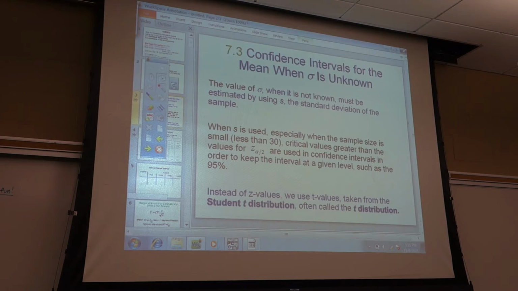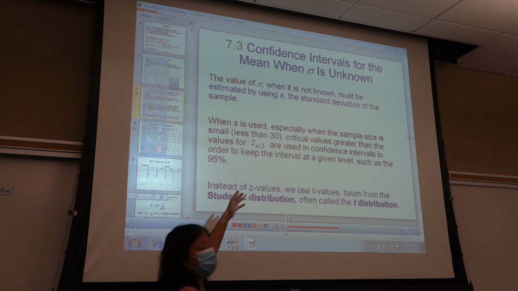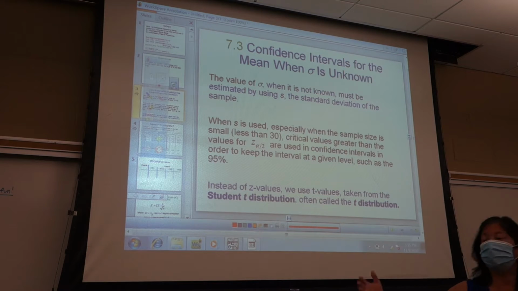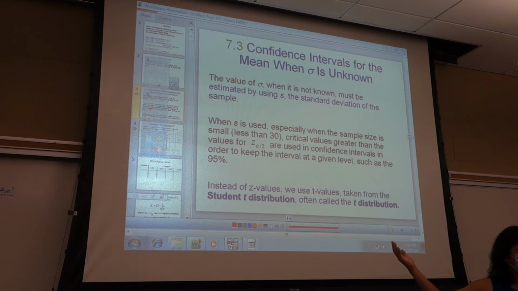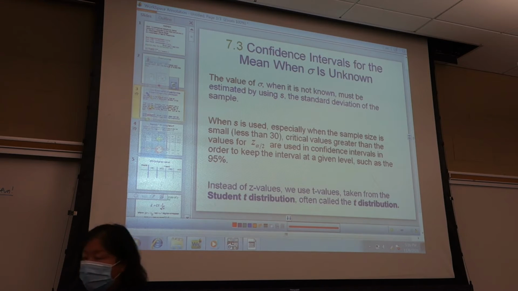All right. So the last one we did last class, 7.3, is confidence intervals when sigma is unknown. Because remember, how realistic is it that we are trying to estimate our population mean, mu, and we happen to know our population standard deviation? It's not at all realistic. That never happens.